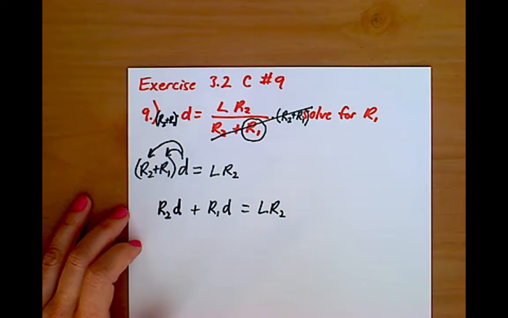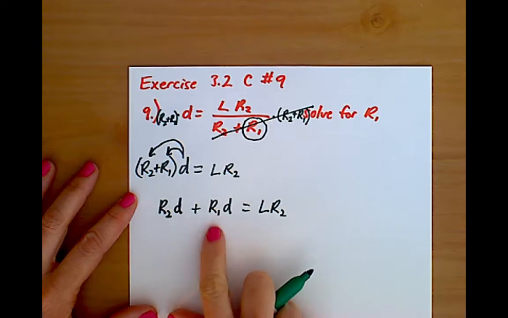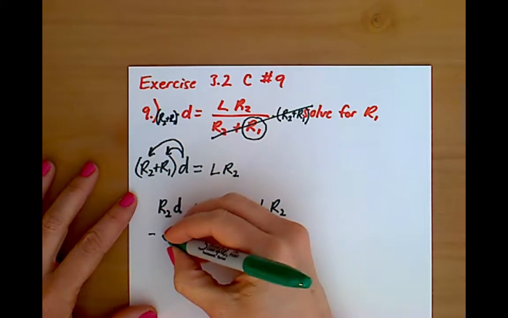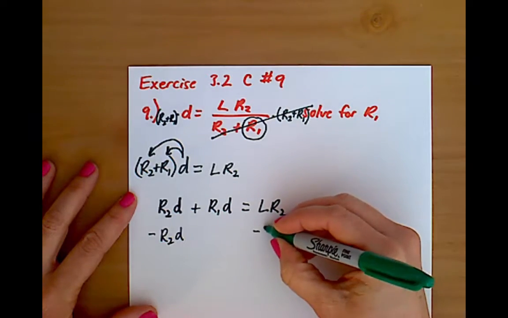And remember, we're trying to solve for R1, which is right here. So we're going to subtract R2D from both sides.